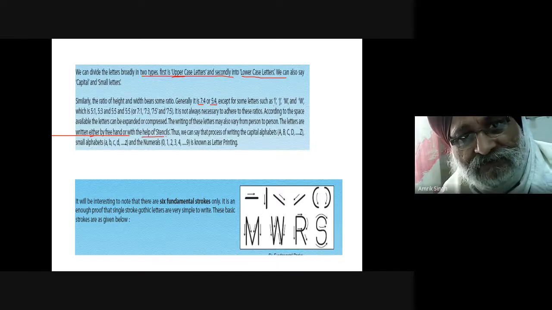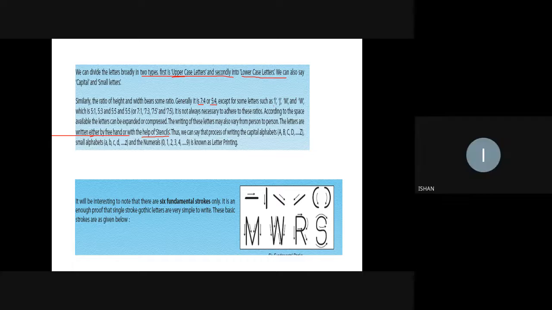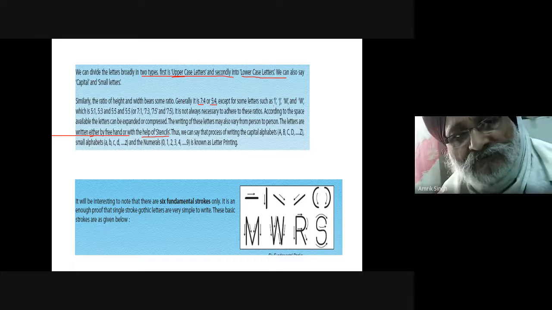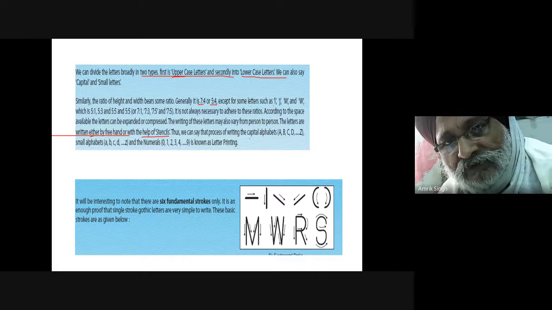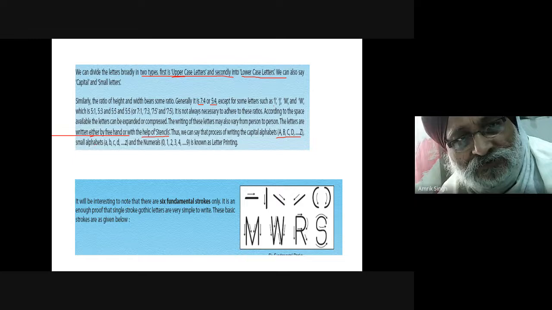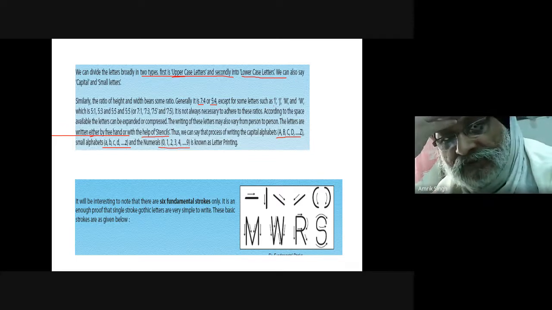The stencil comes later. So we can say, suppose we want to write the capital letter, so we have to write like this. Okay. Small alphabets A B C D like this, and numerals 0 1 2 3. So this is known as lettering.